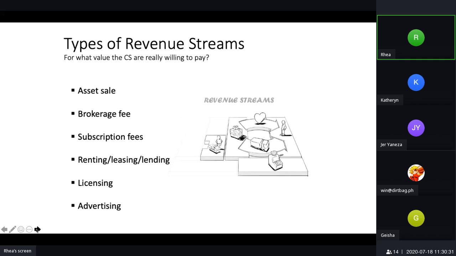They can also have what we call a brokerage fee, in which they are getting a particular portion out of the sale. Subscription fees, we normally do this via Spotify, Netflix, in which we pay a certain cost on a monthly basis. We can also get revenue by renting it out. If you were a child in the 90s, you could rent movies before.